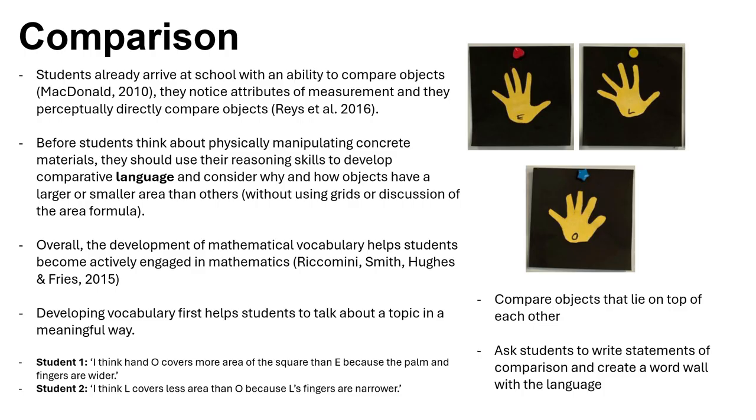The language of narrower and wider, for example, are really nice ways to talk about area. So the first thing that we want to be doing is comparing objects through overlaying objects. For example, if we overlay a palm print, we could overlay a footprint and just have general discussions about which one covers more surface, which one covers more area.